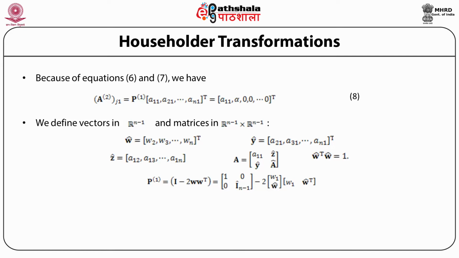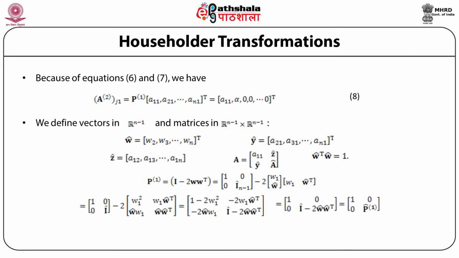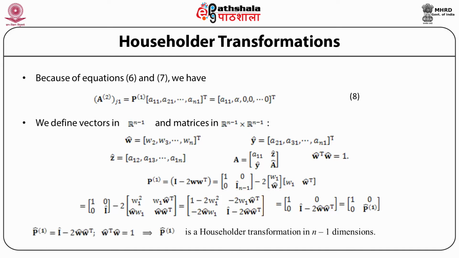So on solving this, we get 1 0 0 P-hat^(1), and P-hat^(1) equals I-hat minus 2 W-hat W-hat transpose, where W-hat transpose W-hat equals 1, which implies that P-hat^(1) is a Householder transformation in n minus 1 dimensions.